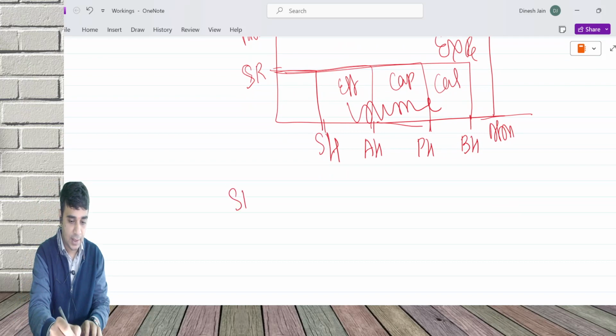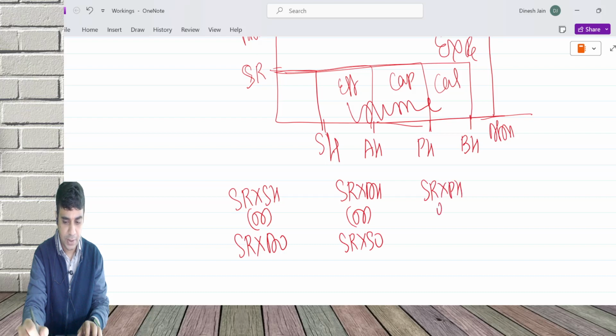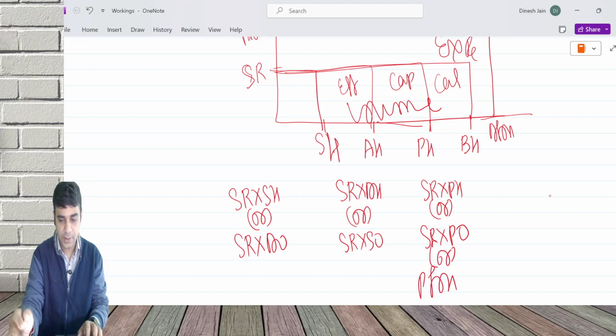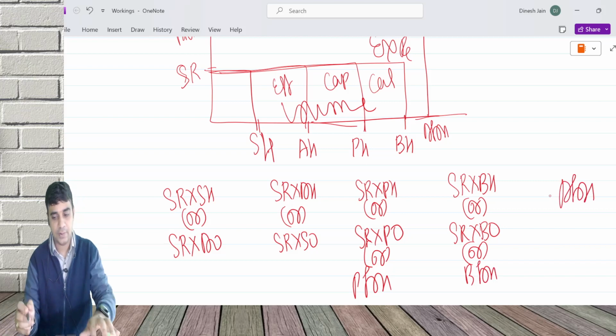We'll write it as SR into SH, then SR into AO, SR into AH, SR into SO, SR into PH, SR into PO, PFOH, SR into BH, SR into BO, BFOH, and the last column is AFOH.